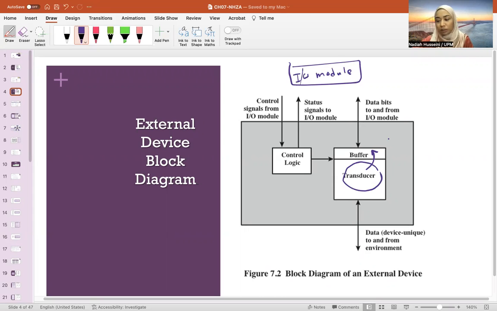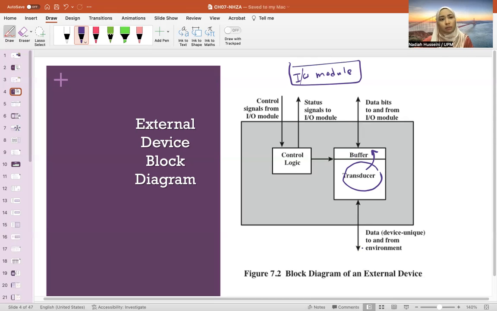Now, why do we need to have a place for temporary storage? Because the data rate at which the keyboard can transmit or receive is slower than the I/O module can transmit or receive. When you have that mismatch, you need a place to hold something so that they can transfer at the specified rate.